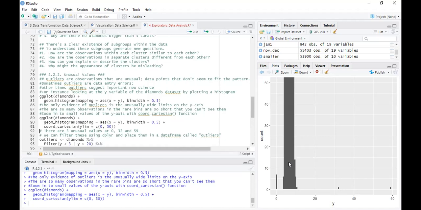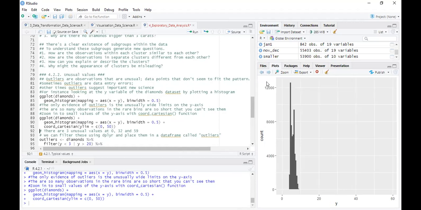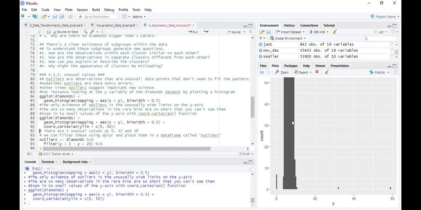Okay. So what's interesting is a graph that was previously like this is now looking like this when I have zoomed in on it.